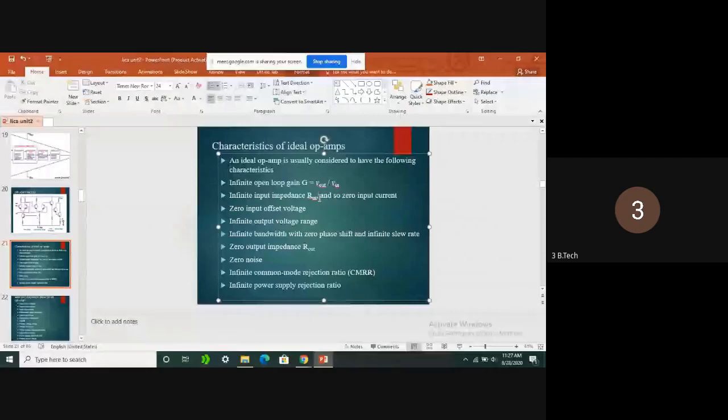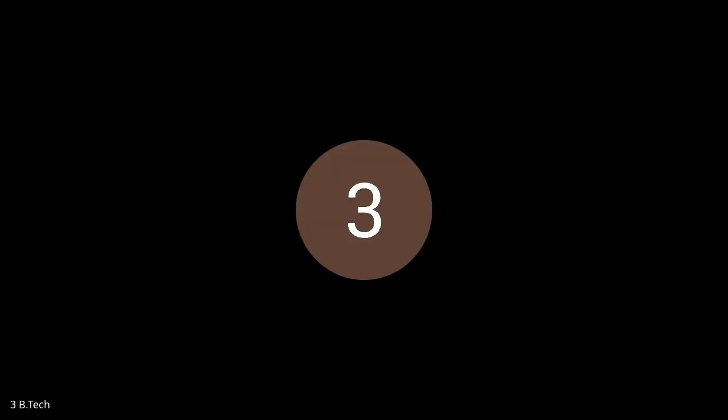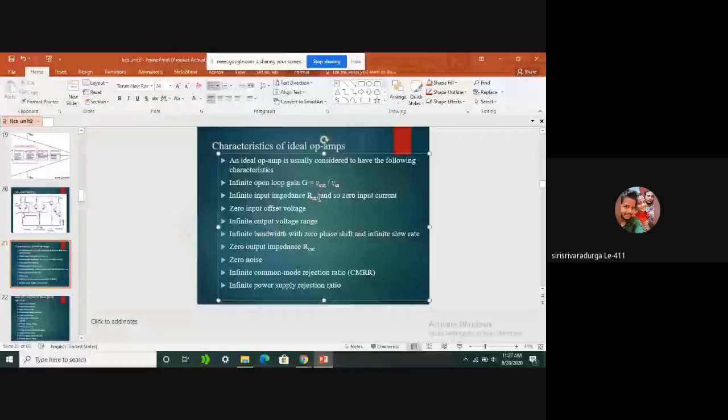We can see in the next slide what the slew rate and the infinite bandwidth are. Again bandwidth came, so what is bandwidth?